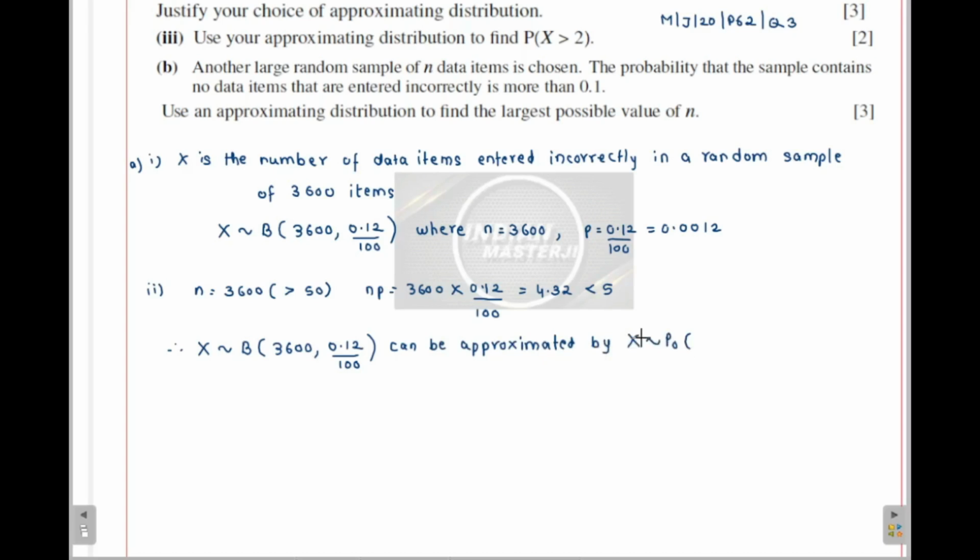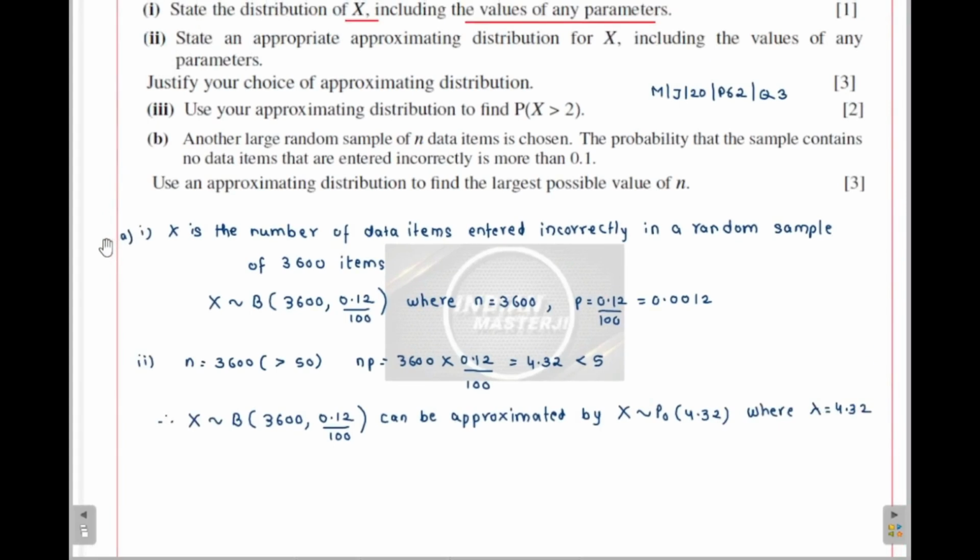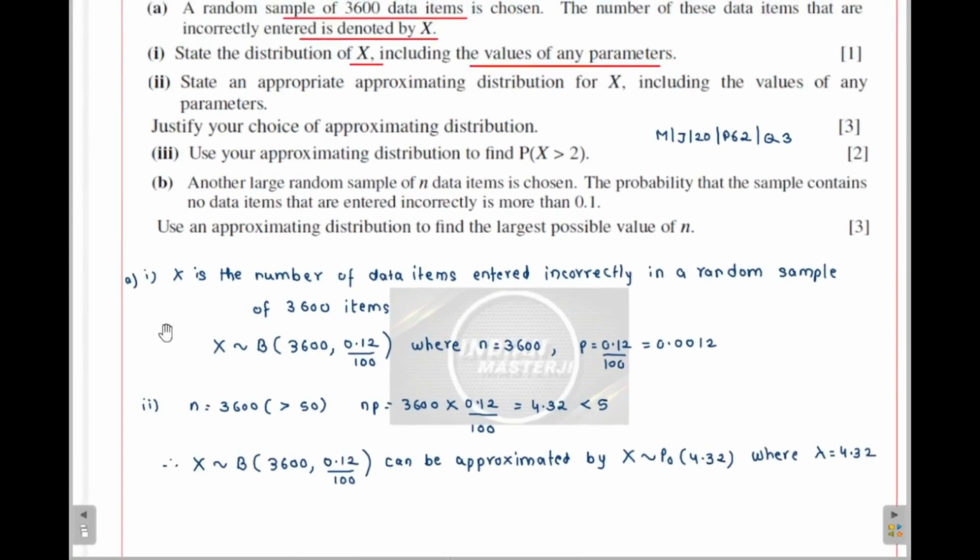And what will be the parameter here? The lambda will be 4.32, where lambda is 4.32. So this answers part 2 of part A of the question.